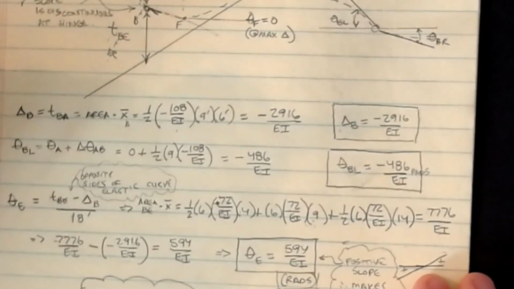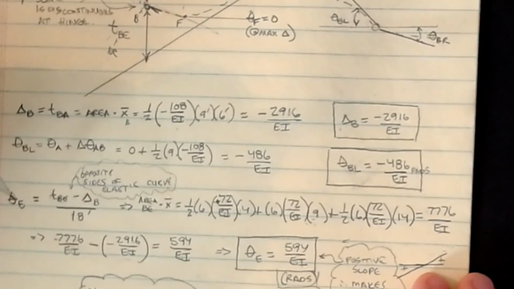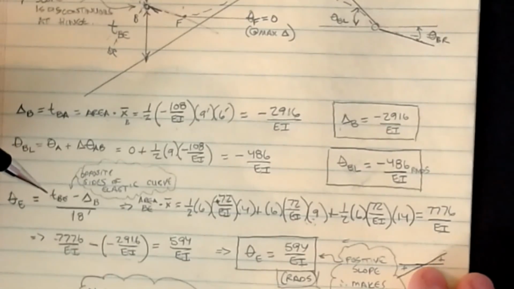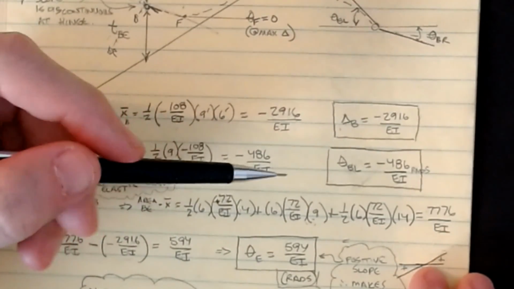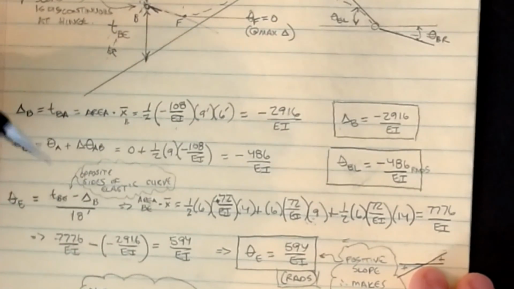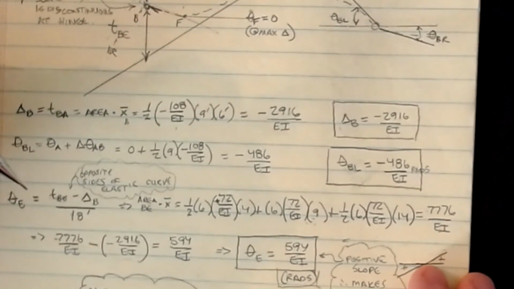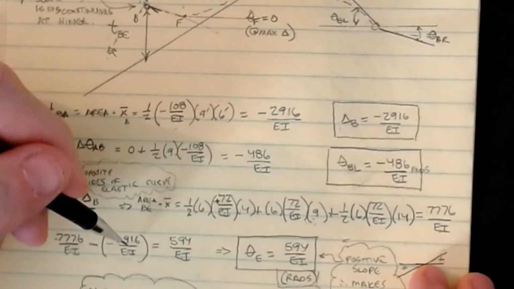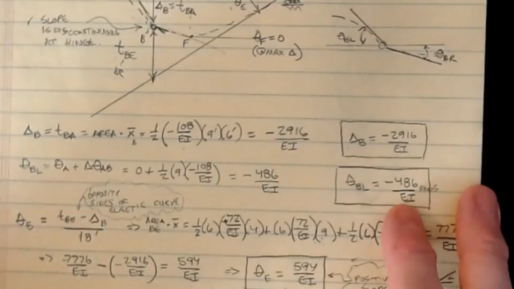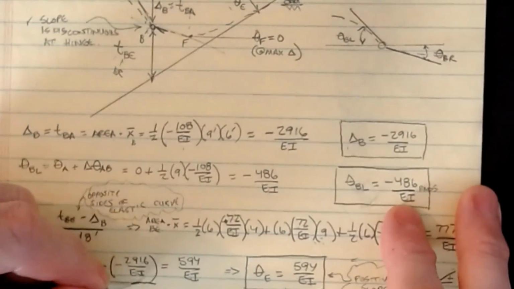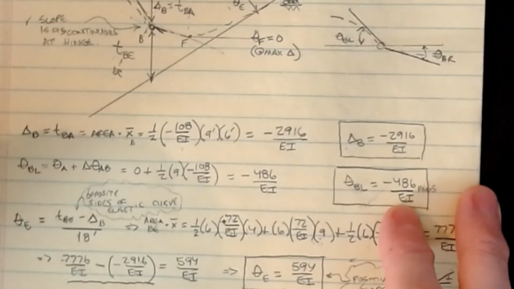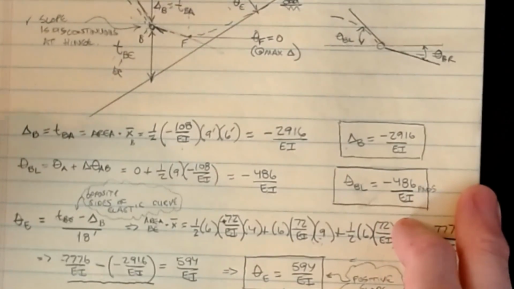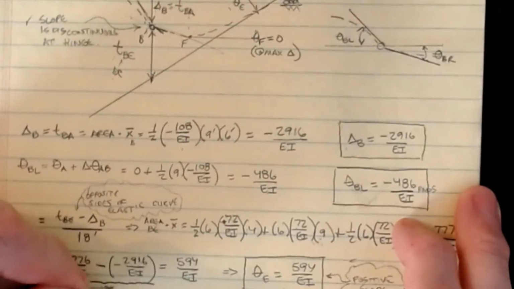And so the angle for the tangential deviation on this is 7,776 over EI. Okay, and then we're going to subtract off my displacement of minus 2,916 over EI. Okay, and then all of this is going to get divided by 18 feet here.